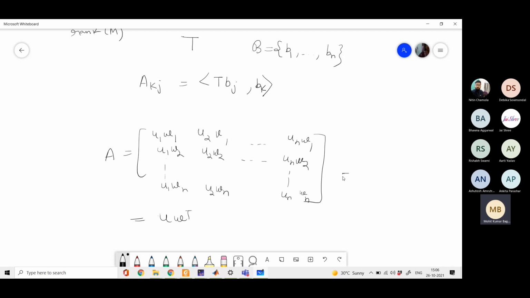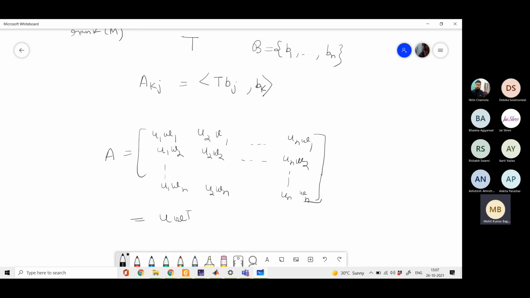I mean, if you write this matrix as U1 to UN and this as W1 to WN, so if W is, let's say, a row vector. Just a class argument I'm giving this.